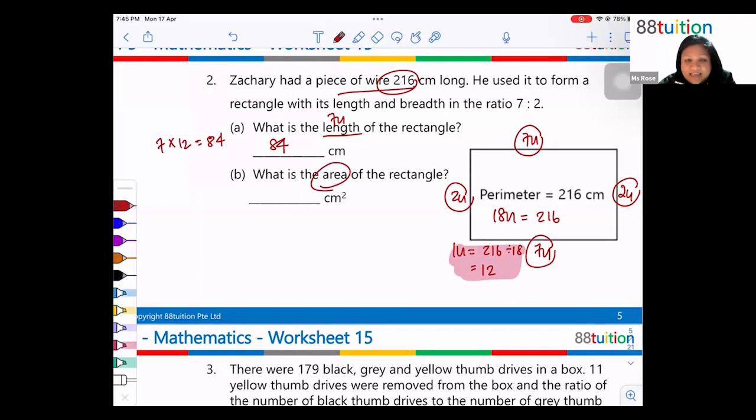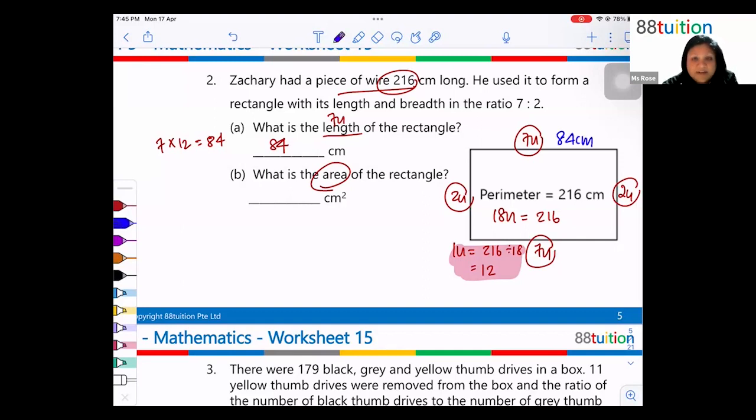Do you know how to find the area of the rectangle? Can you tell me the steps? You have the length already, which is 84.